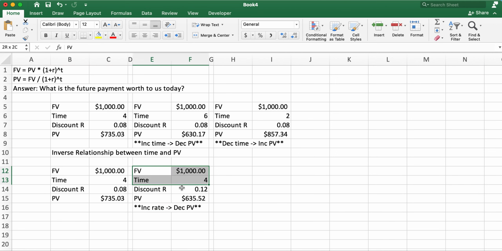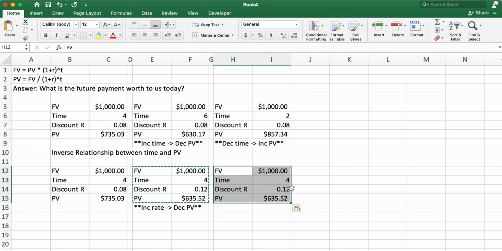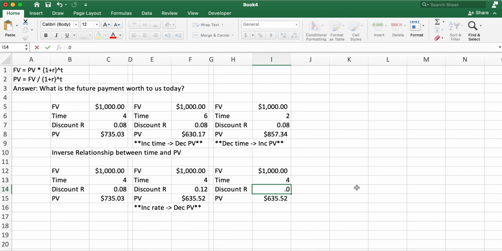So let's do this again. Let's see if this relationship, because it looks like it's going to be an inverse relationship, let's see if that holds to be true. So we've got 4 years. Instead of 12%, we're going to drop it to 4%. And hopefully we will see an increase in our value. And voila, we have an increase.